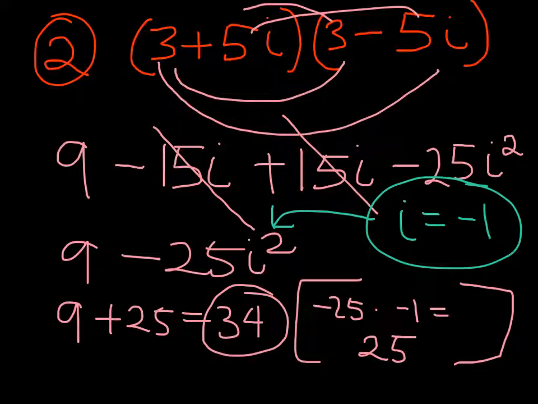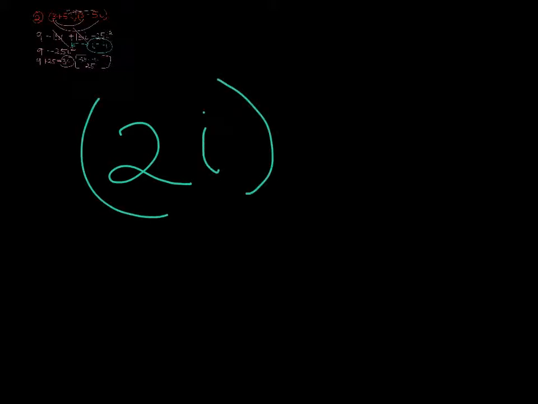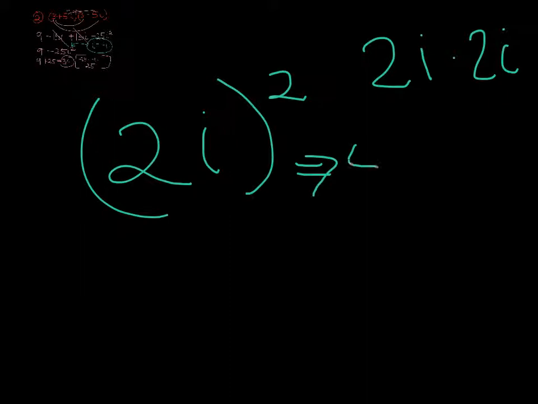Now say we were to have a problem where we have an imaginary number squared. So we have a 2i that is being squared. When we square it, this is also 2i times 2i. Therefore, we have to multiply the 2's also. So 2 squared is going to be 4.